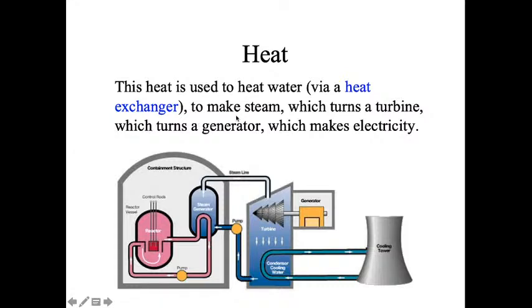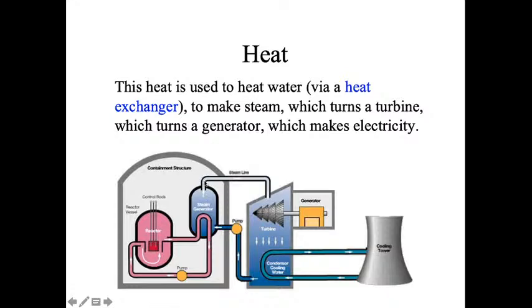So the water won't be exactly boiling in the reactor. It might be, but it'll be brought into this heat exchanger, which is going to transfer the thermal energy from the moderator, from the water that's been heated up by the nuclear reactor.